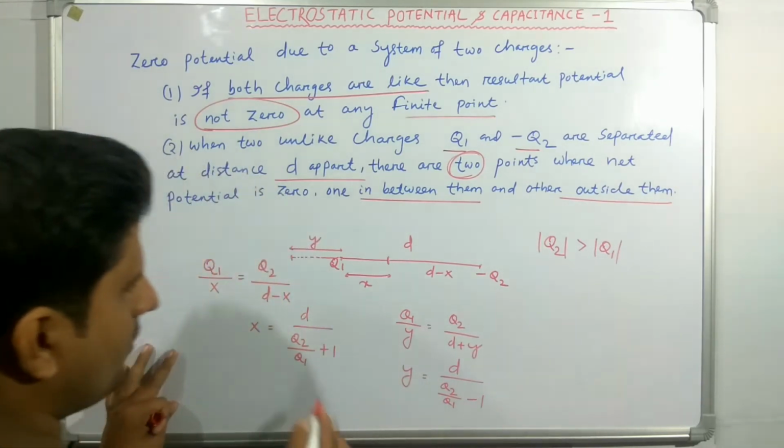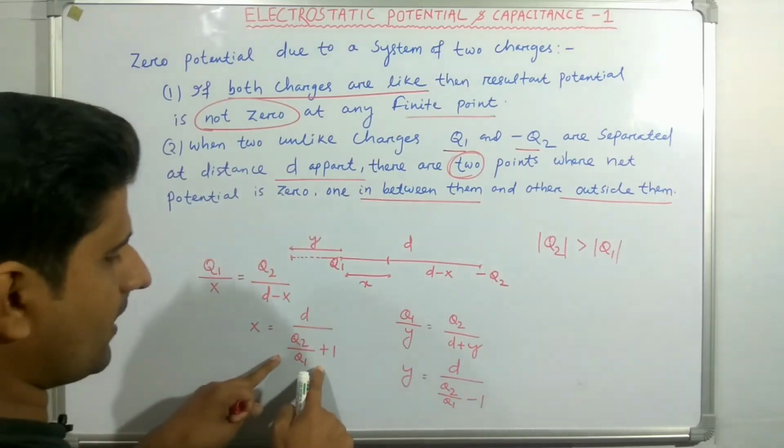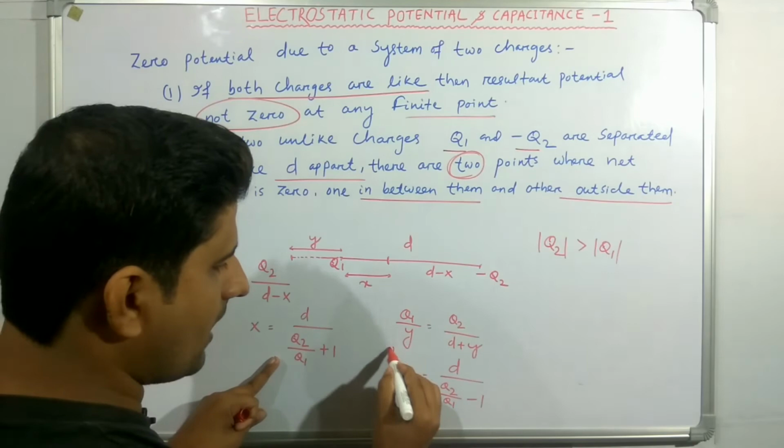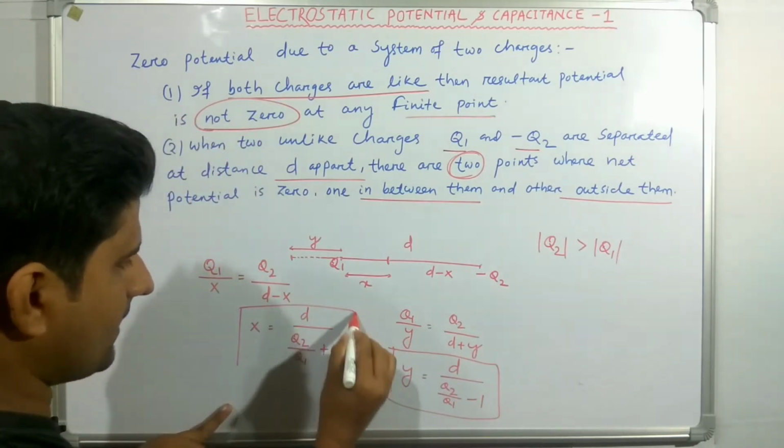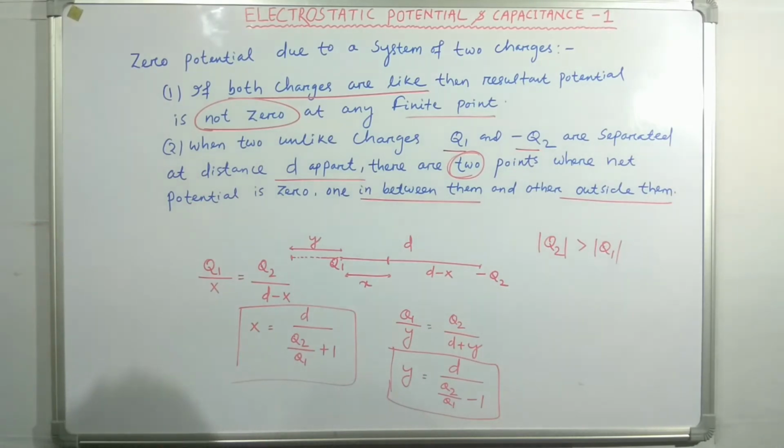So this is the point for inside and this is the point for outside, where the net electric potential is 0.